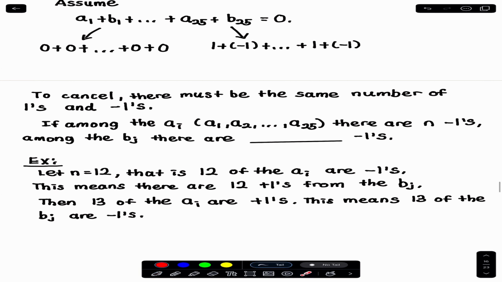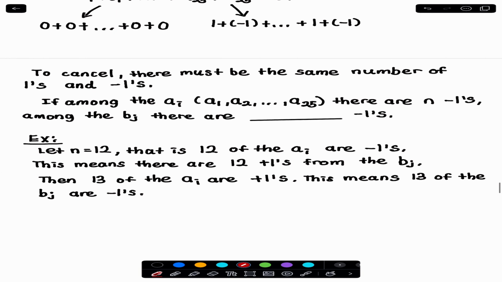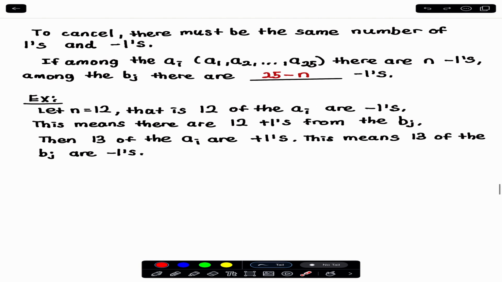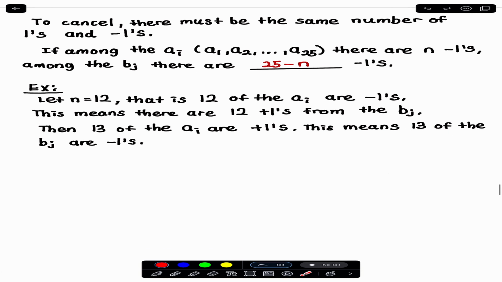So to answer our question up here, if among the Ai there are n negative ones, then among the Bj there are 25 minus n negative ones. I hope you can see it clearly with the example that I gave here. If there are 12 negative ones among the Ai, then among the Bj there are actually 13 negative ones. So that number works out for n equals 12, but it can work out for any n.